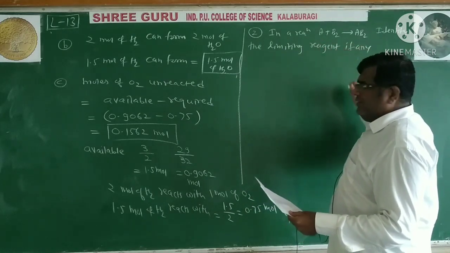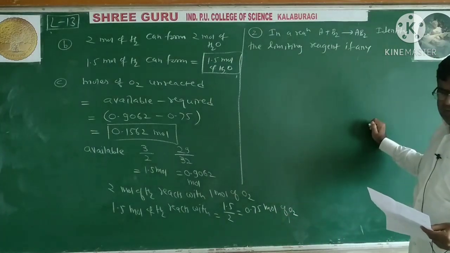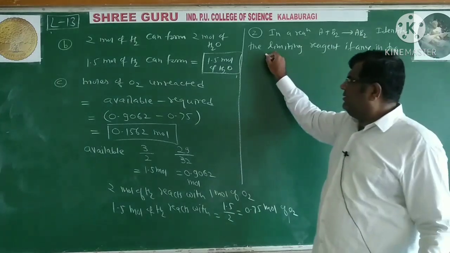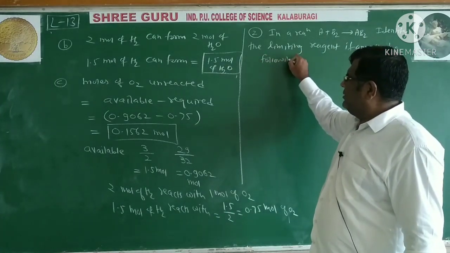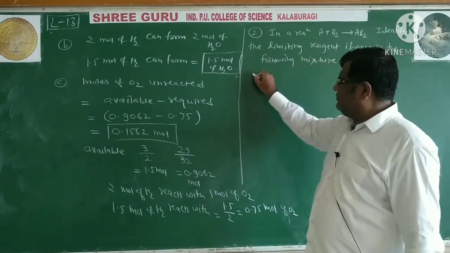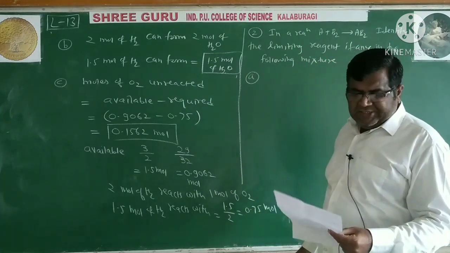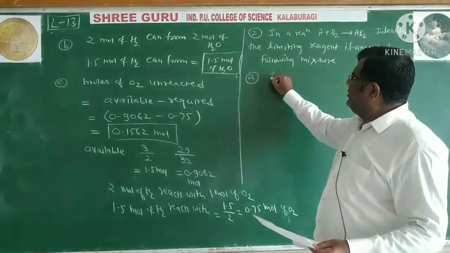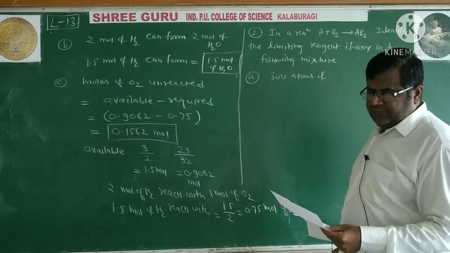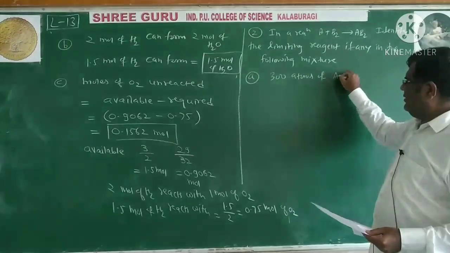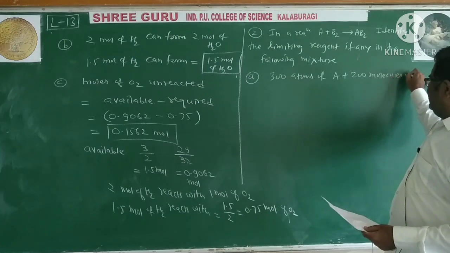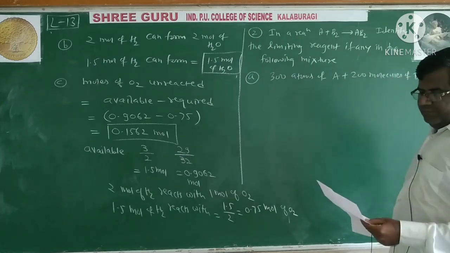Means if it is there, fine; if it is not there, it's okay. If any, in the following mixtures. Some combinations are given. 300 atoms of A plus 200 molecules of B2.